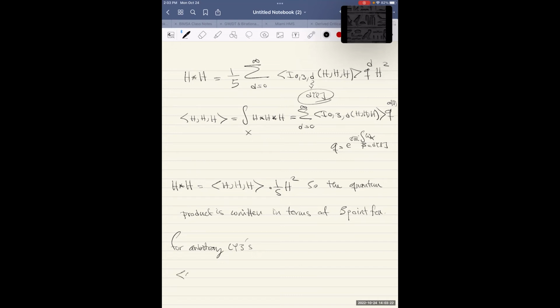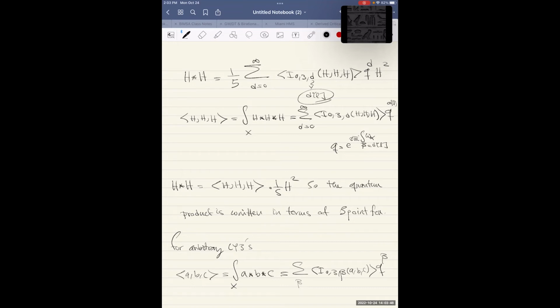So for instance, if I have a 3-point function like this, again based on what we saw, this is given by I_{0,3,beta}(A,B,C) Q to the beta. But this, again, can have possibilities.